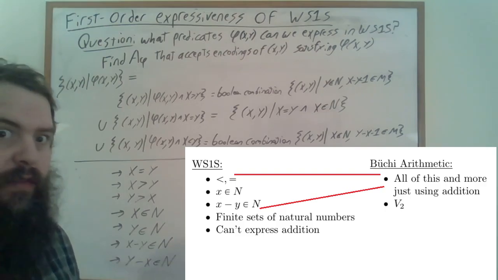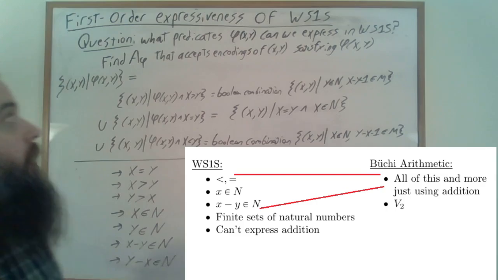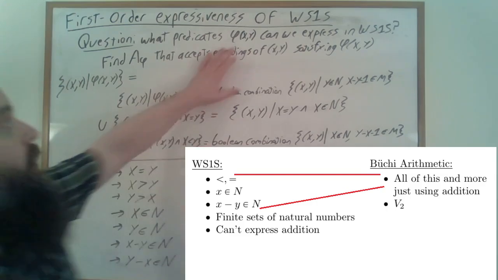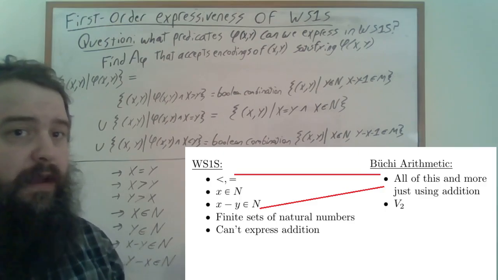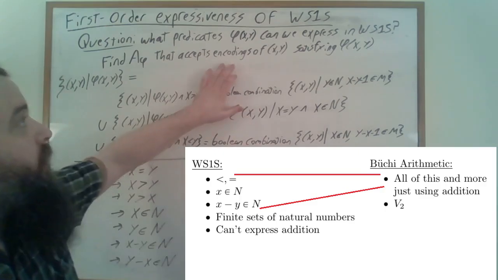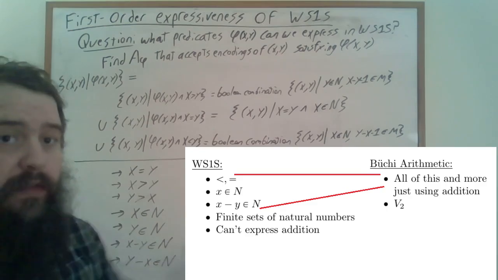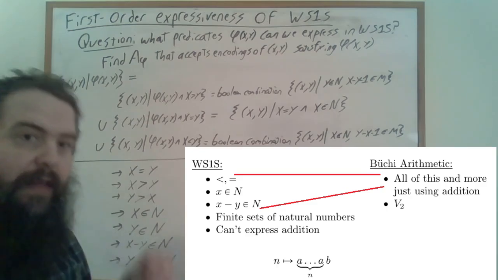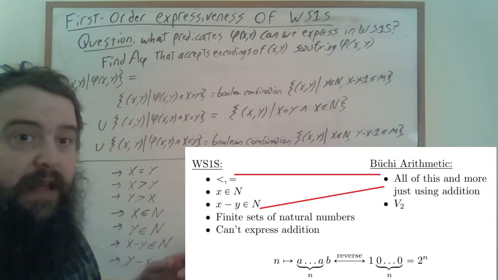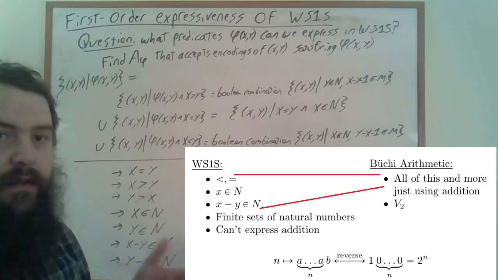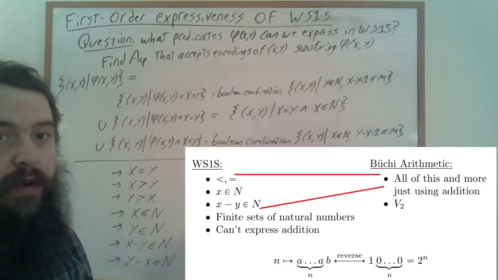But I don't think that's really a fair comparison, because natural numbers in weak S1S don't actually correspond to natural numbers in Büchi arithmetic. Natural numbers in weak S1S actually correspond to powers of 2, right? If you translate them into words and translate those words into the corresponding elements in Büchi arithmetic, it's going to look like powers of 2 in Büchi arithmetic.